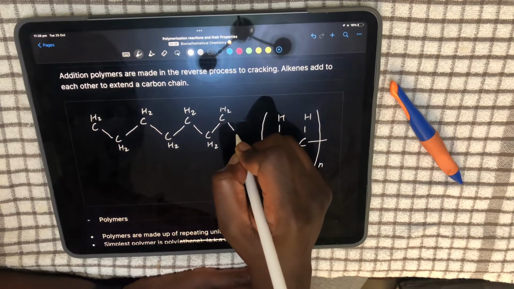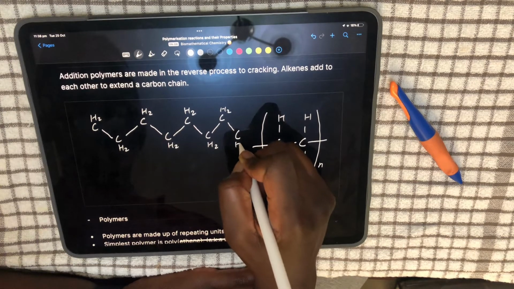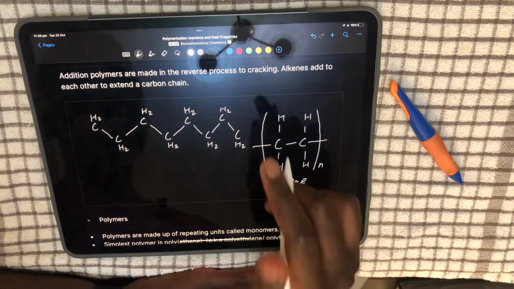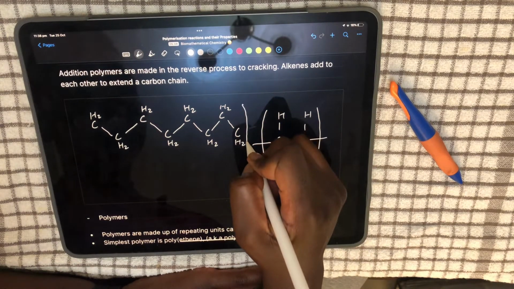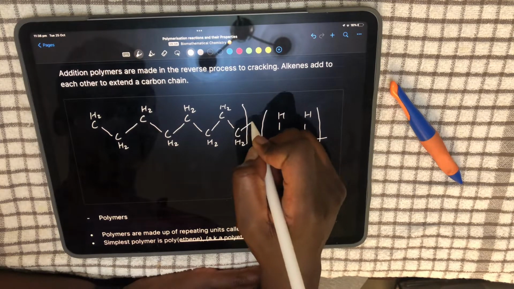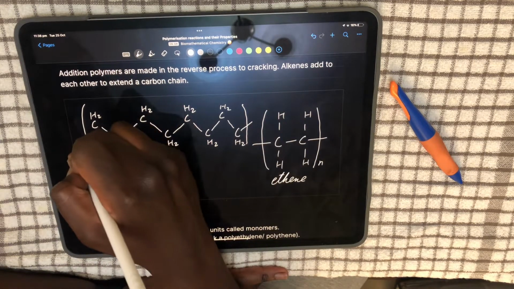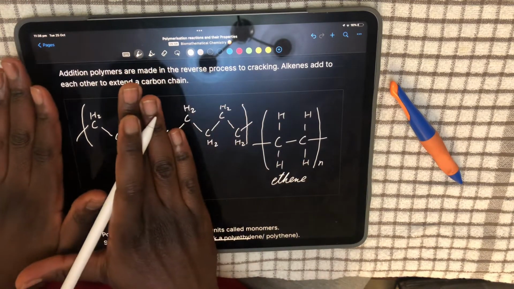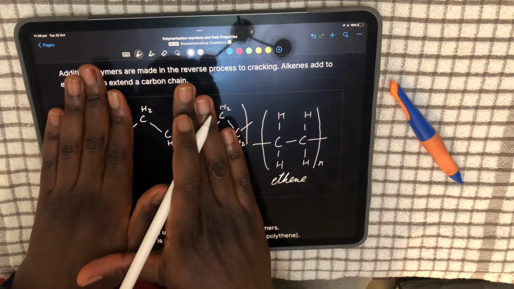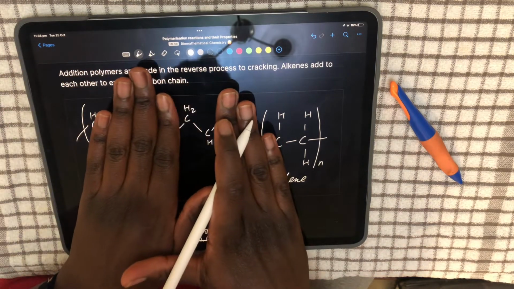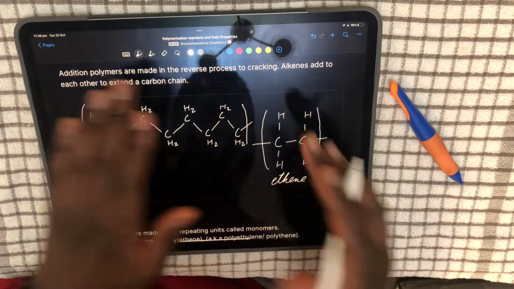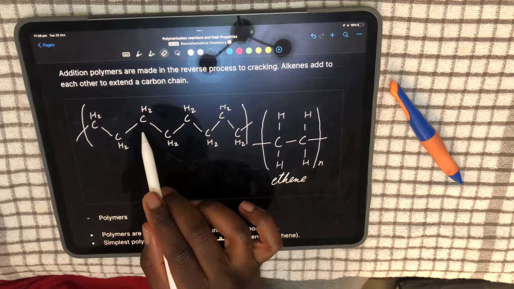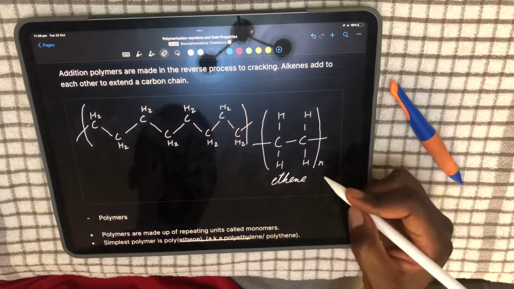Now these are obviously millions of atoms long in reality, but the most important thing is that you get that this is one unit, another unit, another unit here, and then this can go on. So in this case, the repeating unit would be 1, 2, 3, and 4. So the n would represent 4.